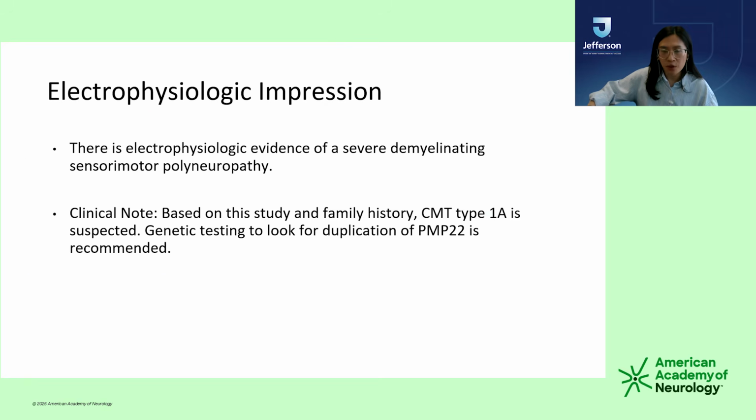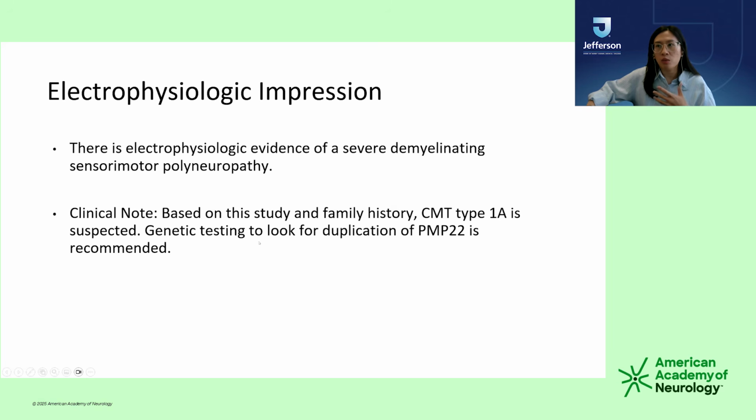So he also had a severe demyelinating sensory motor polyneuropathy. In his case, he had those prolonged distal latencies, really slow conduction velocities, and could be an example of what you might call uniform slowing, as Dr. Martin mentioned before, without obvious conduction block on his study.